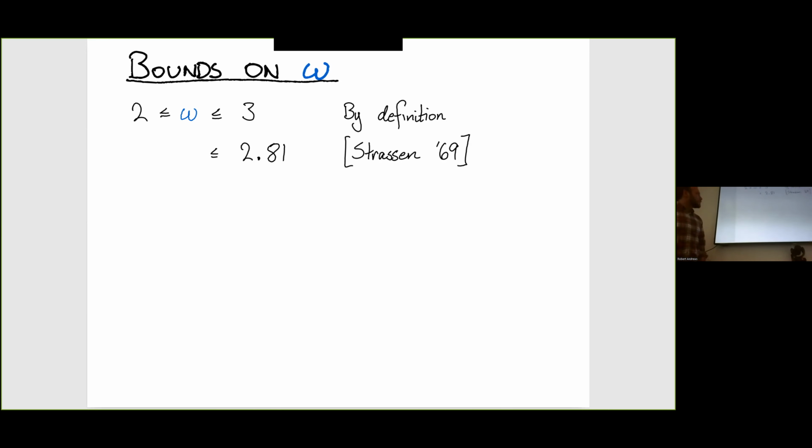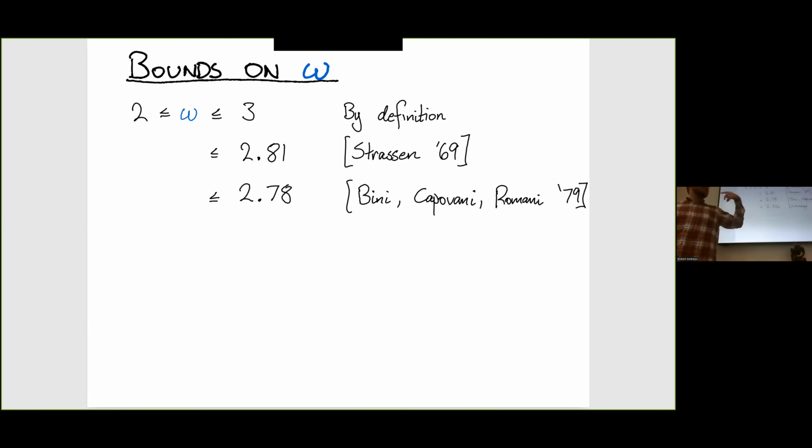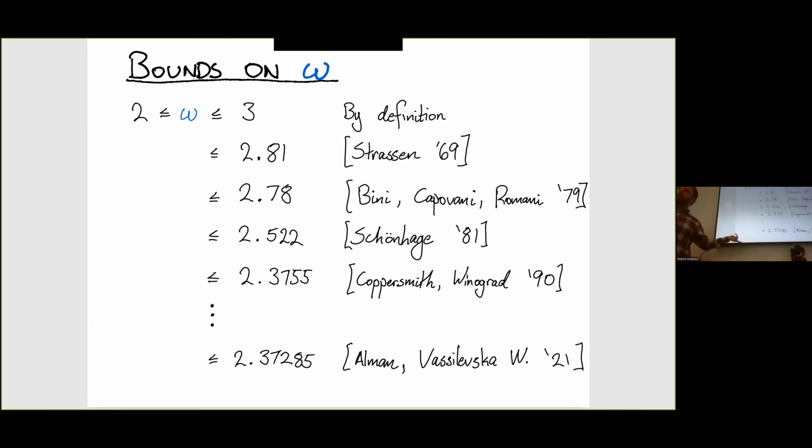But we know more things about this. So the first result on this is Strassen's well-known paper from about 50 years ago, where he showed that omega is strictly less than 3. He designed some very clever algorithm for 2 by 2 matrix multiplication. And then through recursion, you can lower the bound on omega to about 2.81. And then there have been more and more works pushing the upper bound further and further down.